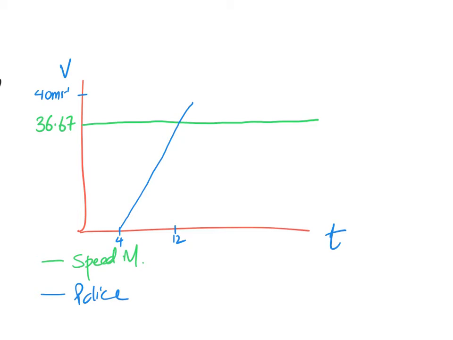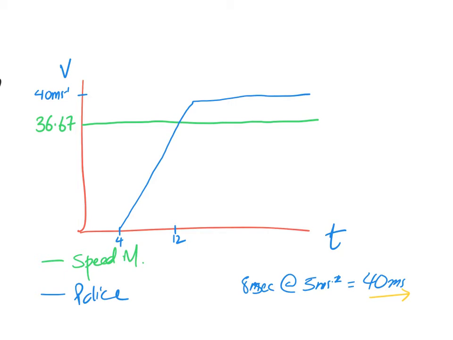How do we know that? If you're accelerating for 8 seconds at 5 meters per second squared, you're actually traveling at 40 meters per second at the end of those 8 seconds. After this point, the police car holds its velocity as well and it doesn't change.